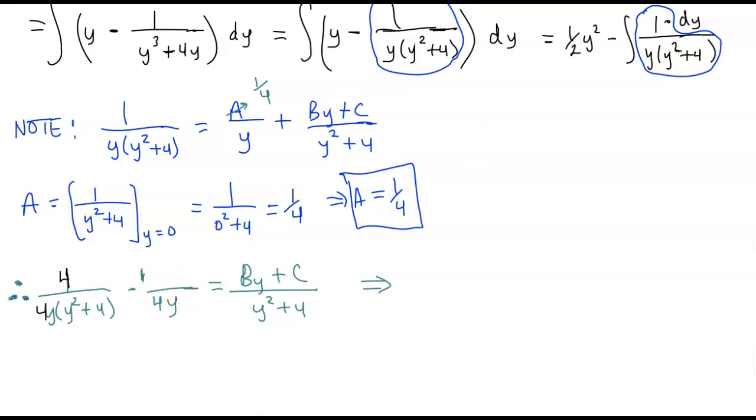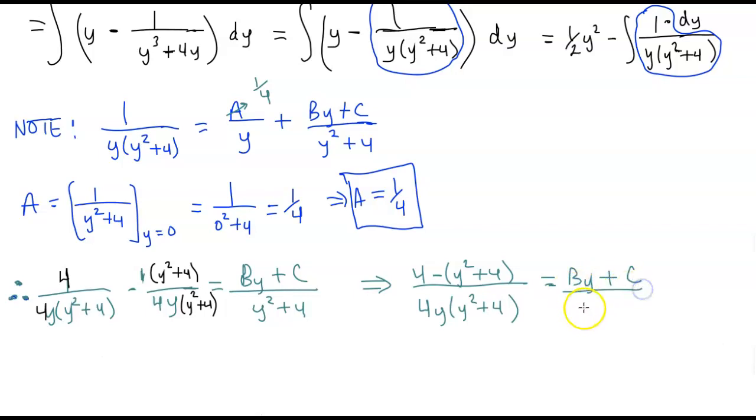All right, so I'll put that in black just like how I did the other one. So now our result is going to look like 4 minus (y squared plus 4), all of that over 4y times (y squared plus 4), and that is going to equal (By plus C) over (y squared plus 4).